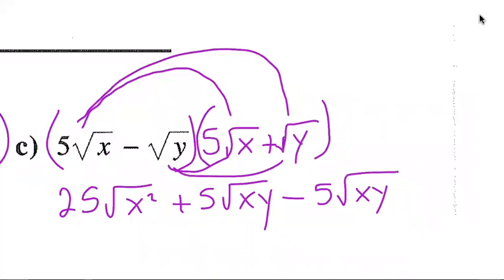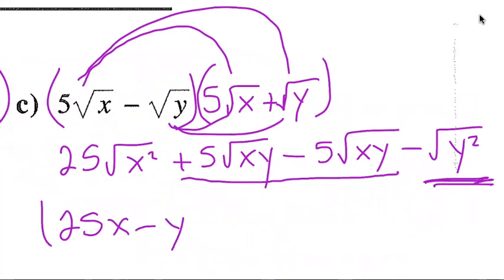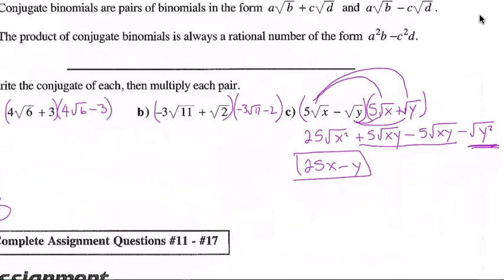And root y times root y is minus square root y squared. Plus and minus square root 5xy, those will cancel, they will disappear. 25 times the square root of x squared is 25x. Square root of y squared is y, minus y. There is your answer.